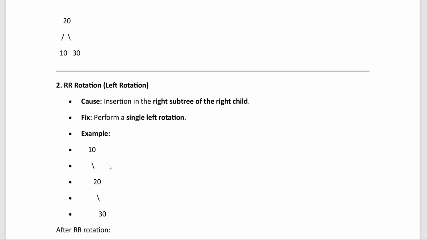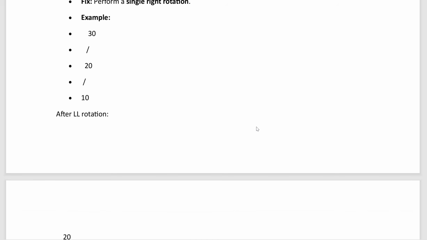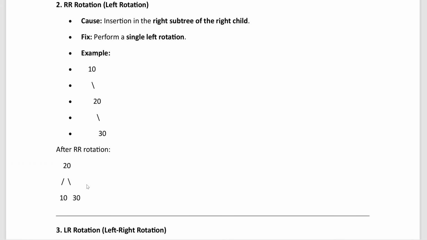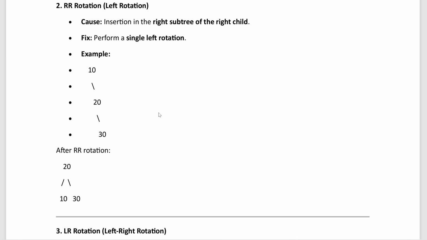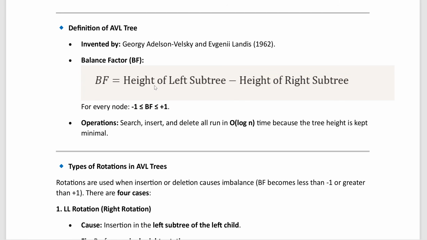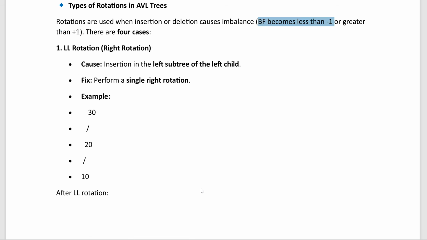But again here imbalance occurs because the balance factor says that the height of the left subtree is 0 and the right is 2. So 0 minus 2, balance factor becomes -2, which is less than -1, so imbalance occurs.